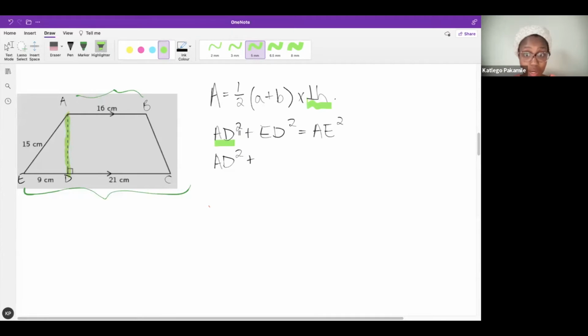Which is this one. Then you're going to make AD the subject of your formula, which is what we're going to do just now, okay? Yes, ma'am. I added the right ones because ED is the one at the bottom and that equals the longest side, which is AE, which is on the correct side, okay? Yes, ma'am.